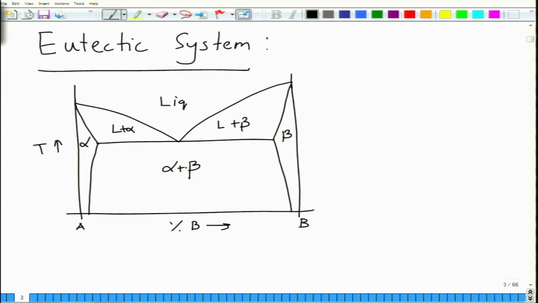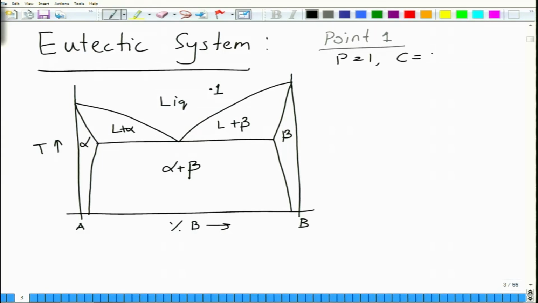If you look at this point, point 1, we can see that we have single phase equilibrium. So P is equal to 1.